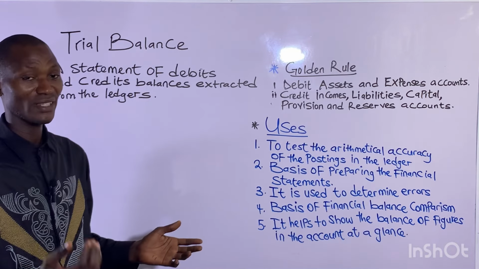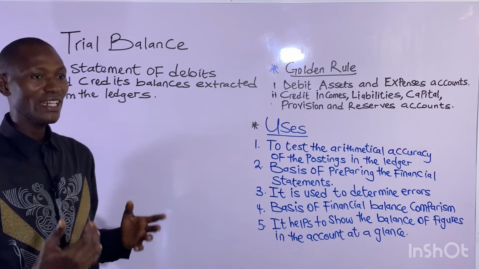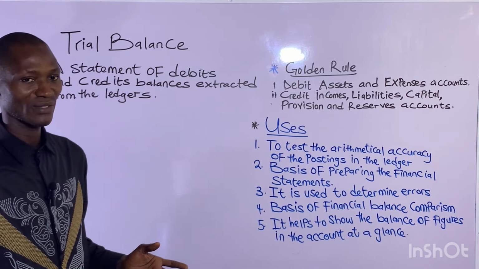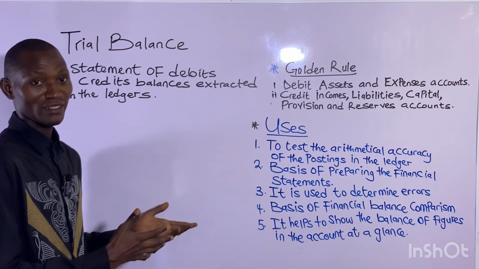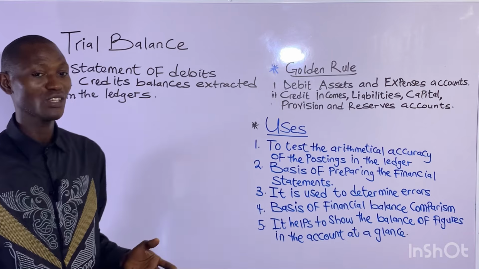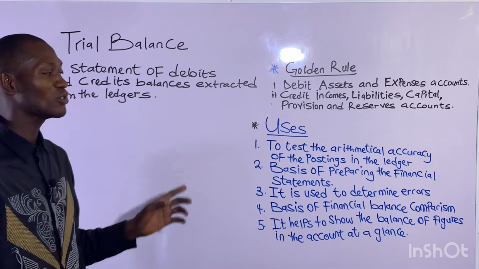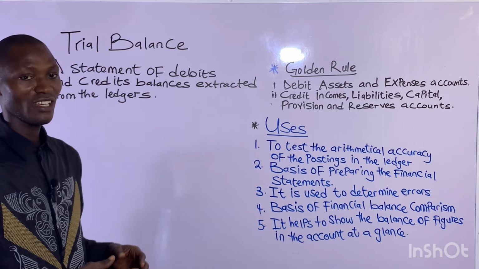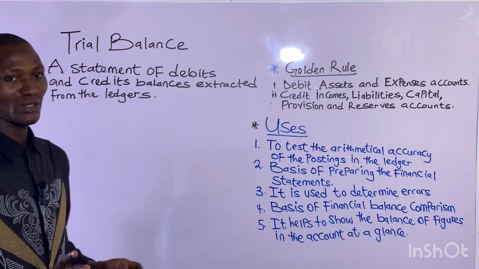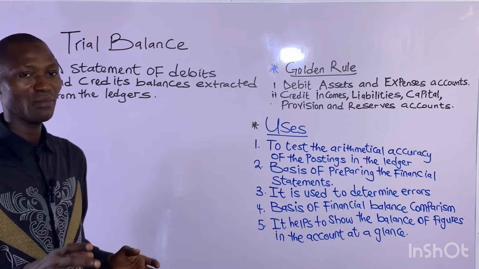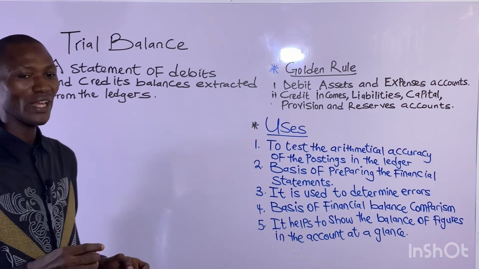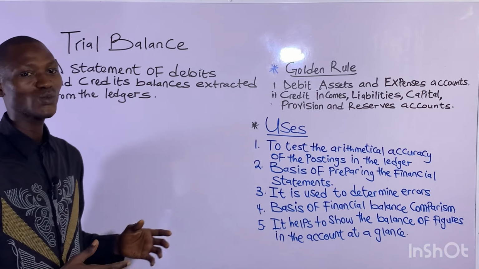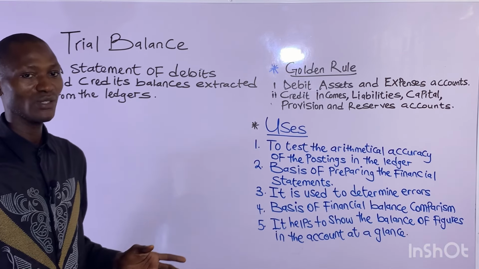There are errors that have been committed by the bookkeeper or the accountant, but they will not be shown by the trial balance, and the trial balance will still be equal. So those errors, we call them errors that the trial balance will not disclose, or errors that will not affect the agreement of the trial balance.